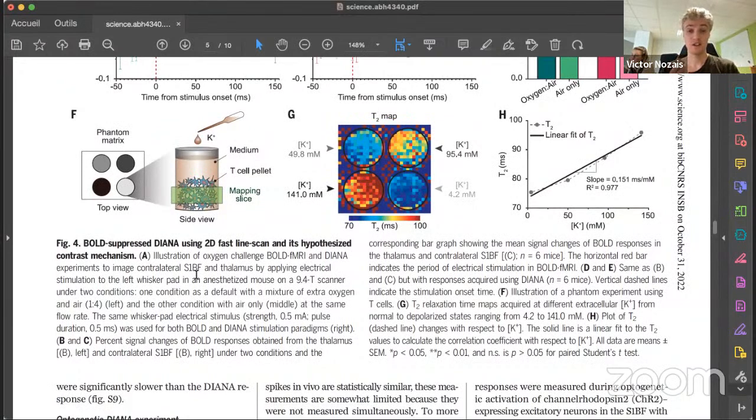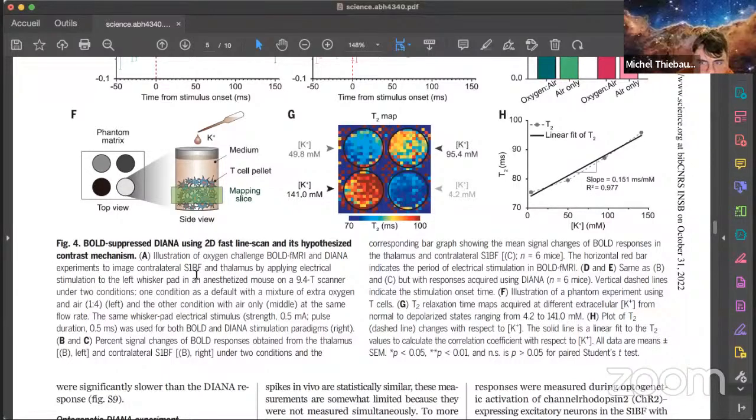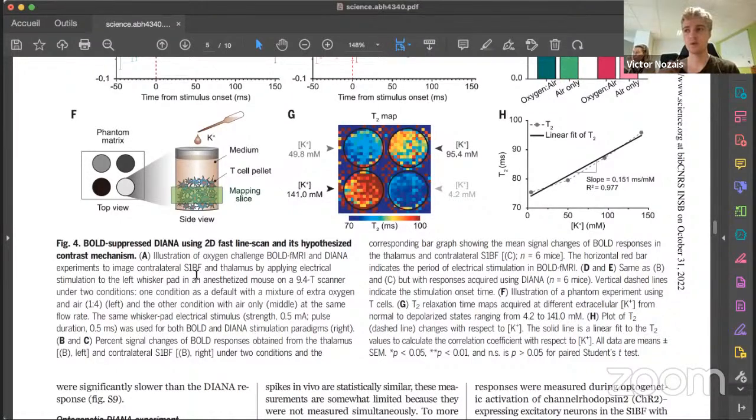To me, it's like the BOLD signal for a long time. I think for a long time we were not sure what it was exactly either. It's just a signal that we have on a machine. We manage to see that there is a change in the signal when we do stuff, and we try to explain where it comes from.